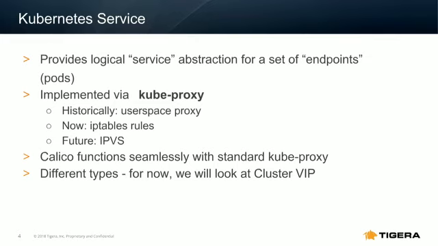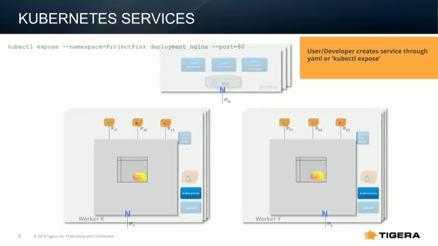So let's take a look at a very high level at how kubeproxy works, otherwise known as cluster VIP. With cluster VIP, you can either create a service YAML, like I said, that hooks a label in a deployment or a set of pods, or you can just use a kubectl expose. In this case, we're going to run this in Project Pink's namespace, and we're going to say that the Nginx deployment will be exposed as a service, and we're going to expose port 80 on that service.